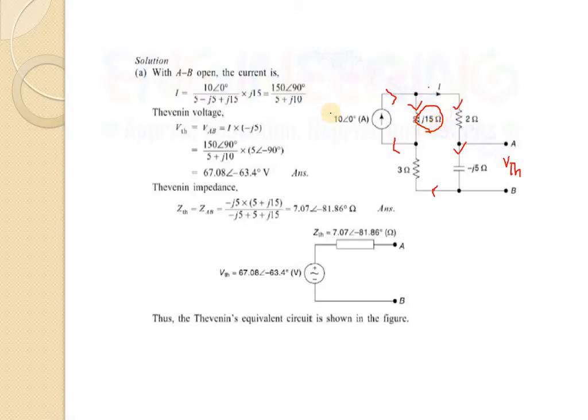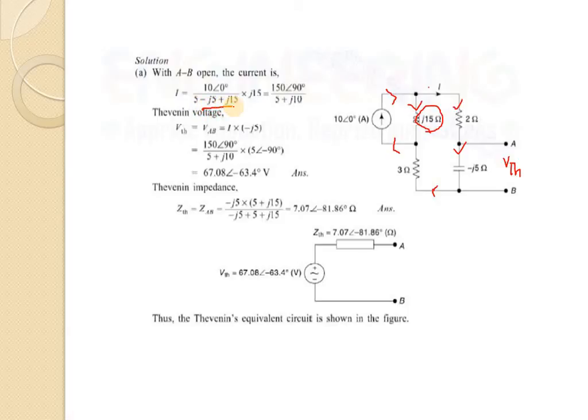So we have multiplied it with J15, then divided by the total resistance present. So what will be the value of total resistance? 2 plus 3, that is 5, plus J15 minus J5. Okay, so that part I have written.